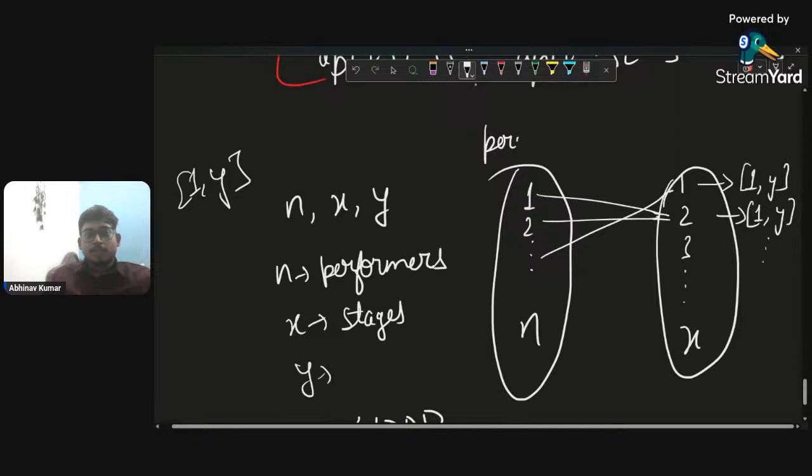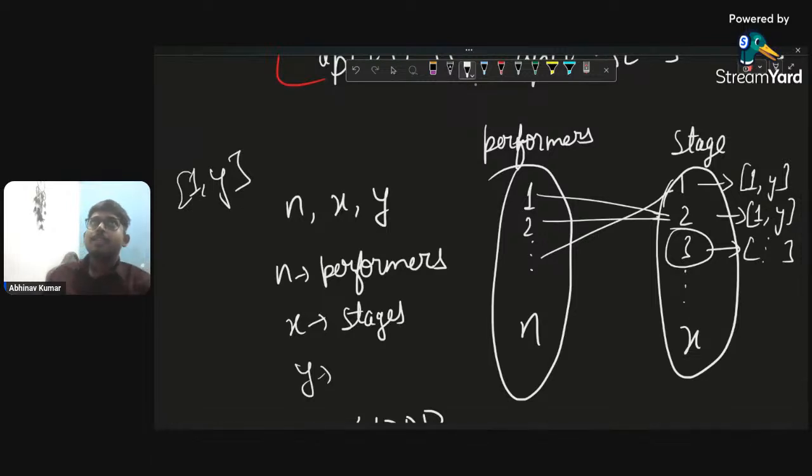These are the performers and these are the stages. Let's suppose stage number 3 doesn't get any performers. Then this stage number 3 is ignored. Its score wouldn't be considered, it won't get any score also. So a score would only be assigned to those stages which get at least one performer. That also you need to keep in mind.